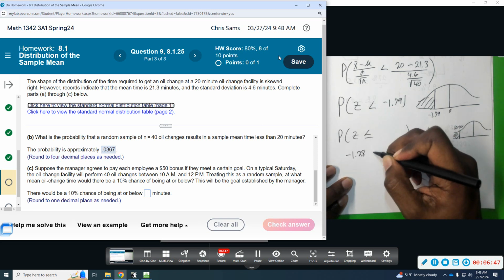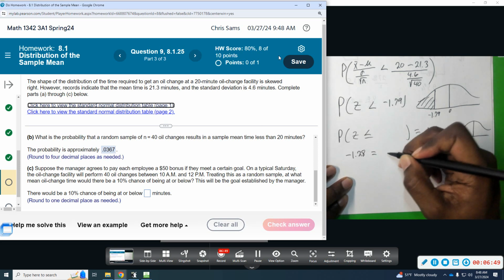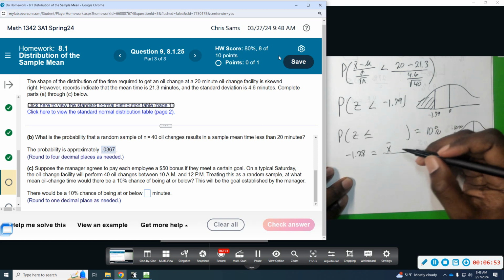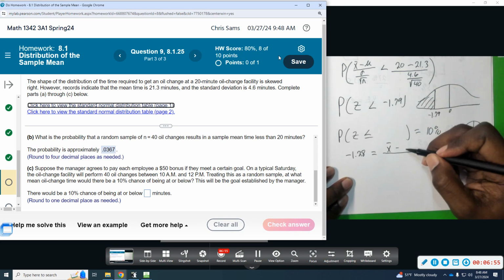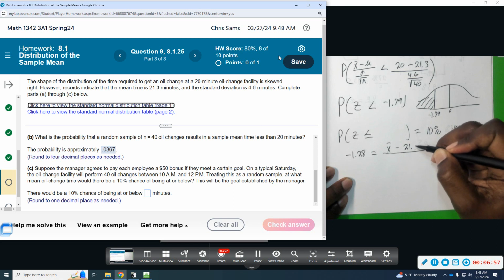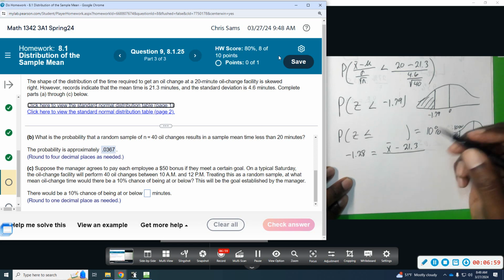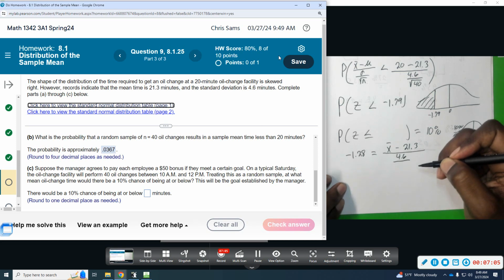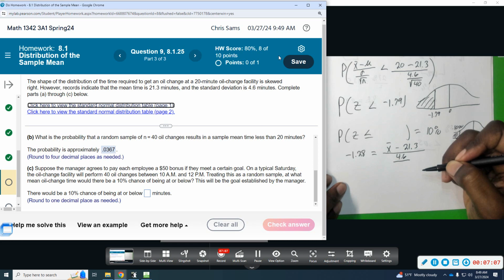All right, so now that we have that, I'm just going to say that that is equal to X bar, that's the number that we're looking for, minus the mean. The mean is going to be the same, 21.3. Standard deviation is 4.6 divided by the square root of the sample size, and it said that we're going to do 40 oil changes.